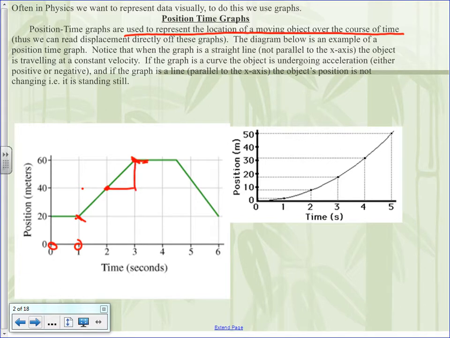Does that mean every second it's going the same distance? Then that means in every second it's going the same speed. It's covering the same amount of distance every second. It's going at a constant speed. So when we see this kind of shape, we know the object is covering the same amount of distance each consecutive second, going the same speed. Everybody with me there? All right, what's going on here?